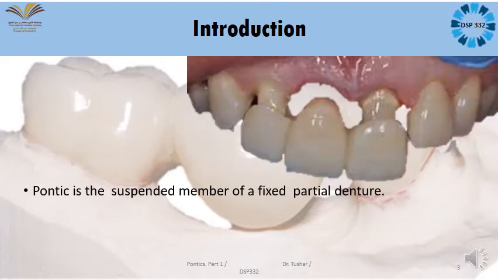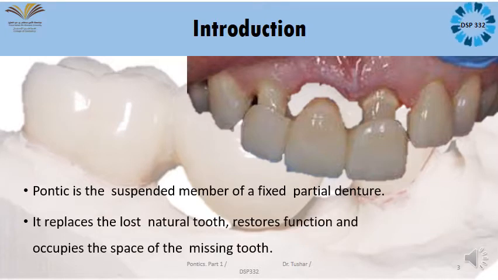So we introduced Pontic is the suspended member of a fixed partial denture. Everybody knows that. Whatever tooth is missing, we are going to replace that missing tooth, and we are taking support from the abutment tooth.